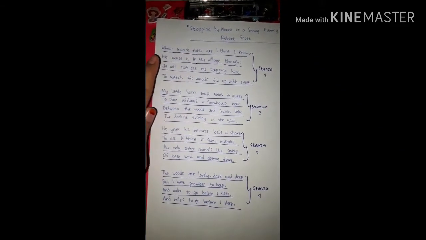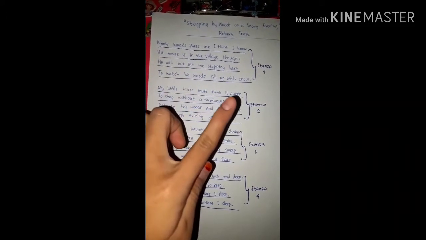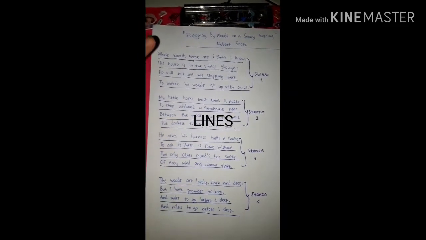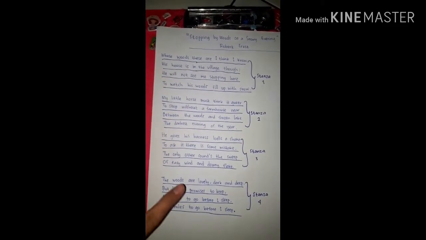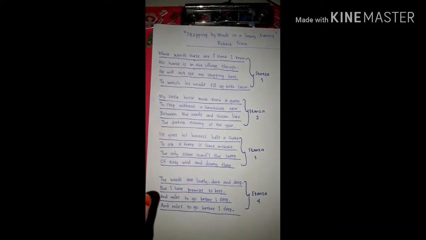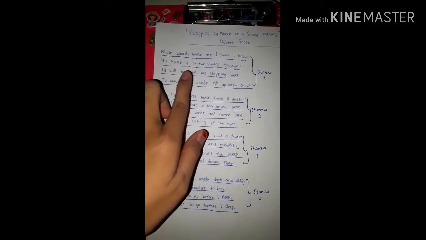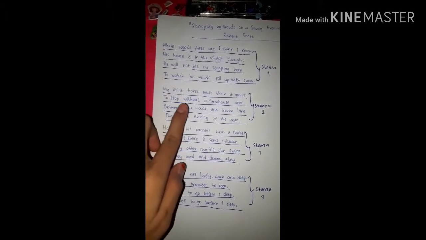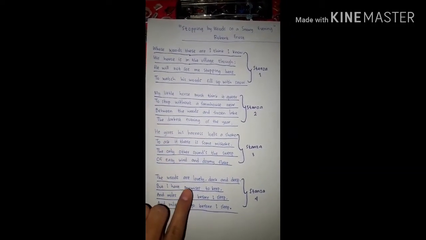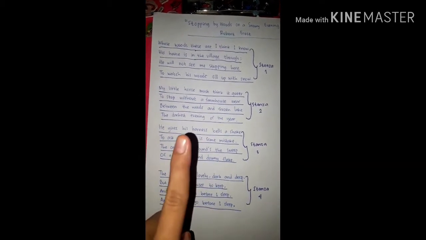They are lines. In the first stanza until the fourth stanza, they have the same number of lines, each 4 lines. 1, 2, 3, 4. 1, 2, 3, 4. 1, 2, 3, 4. 1, 2, 3, 4.